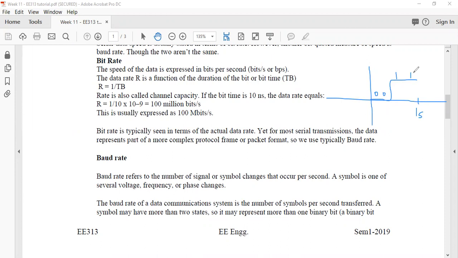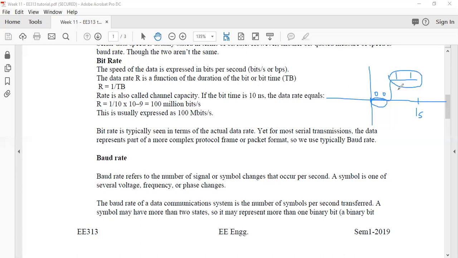So basically the bit rate of this particular signal is 4, right? 1, 2, 3, 4, 4 bits per second, while the baud rate of this is 2 baud per second, right? Because you have two signal changes, one signal change, and this is the second signal change.